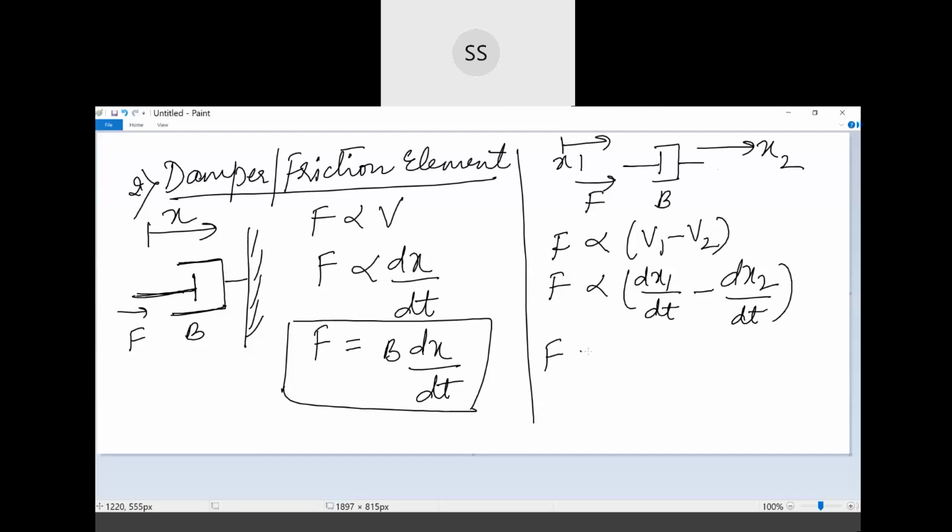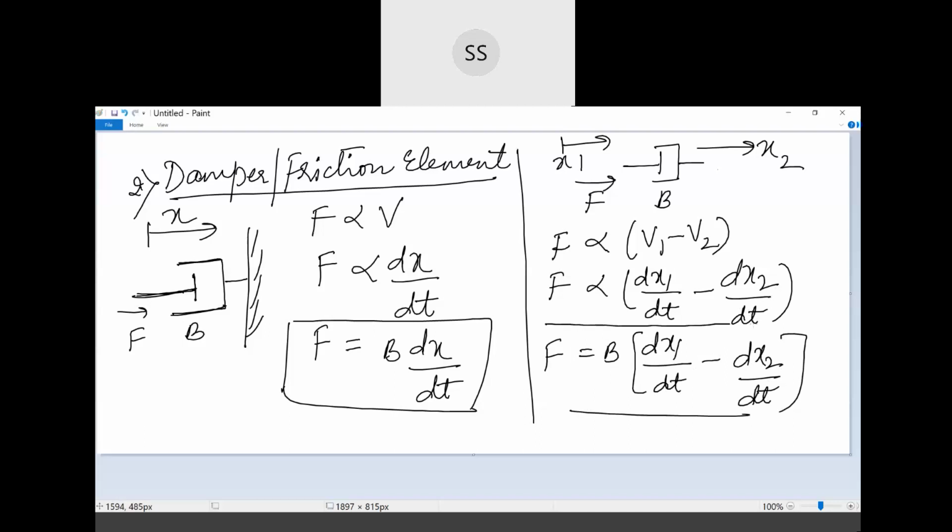Or F is equal to b into dx1 by dt minus dx2 by dt. So this is the force balance equation whenever the damper element experiences two different displacements at both ends.